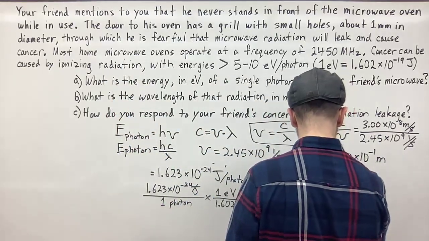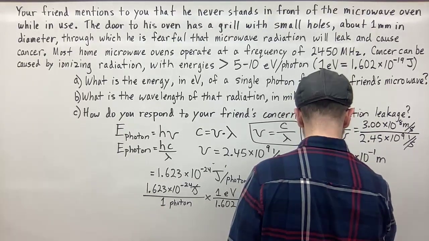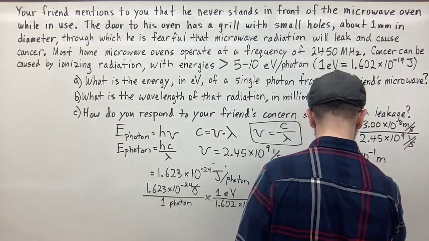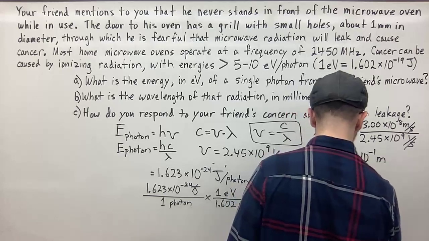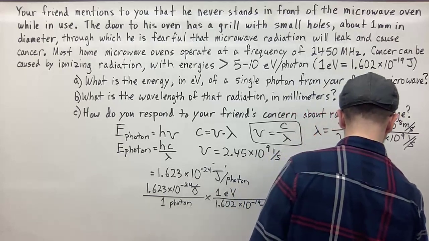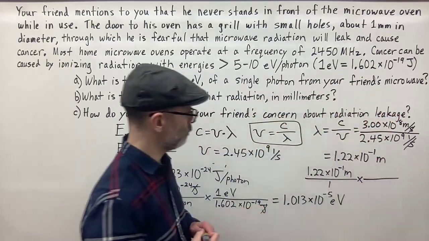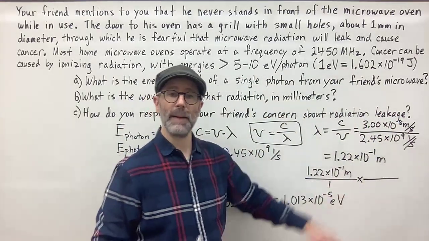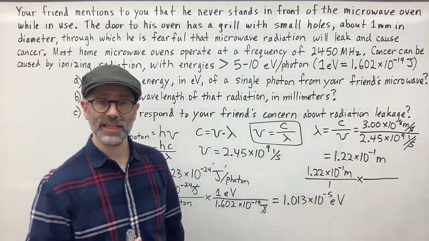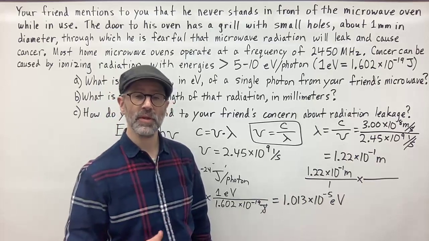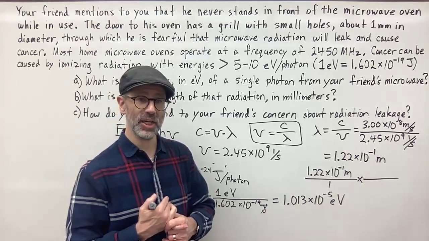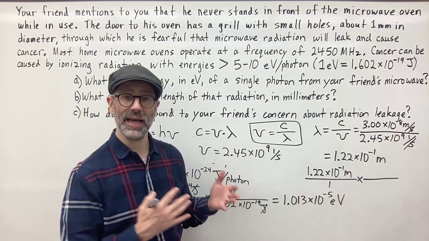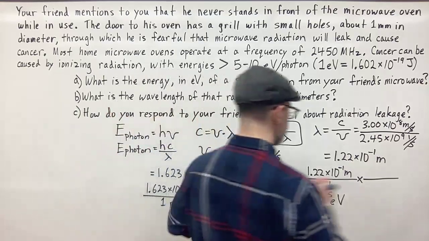So I'm going to take the 1.22 times 10 to the negative 1 meters, put it over 1, and I'm going to multiply by a conversion factor. I know that milli is 10 to the negative 3. So I know that 1 millimeter is equal to 10 to the negative 3 meters. So I can use that.